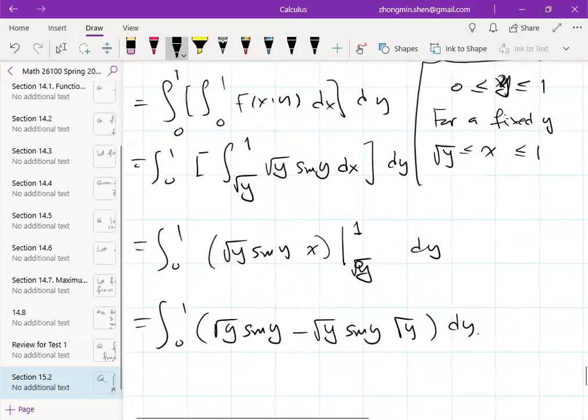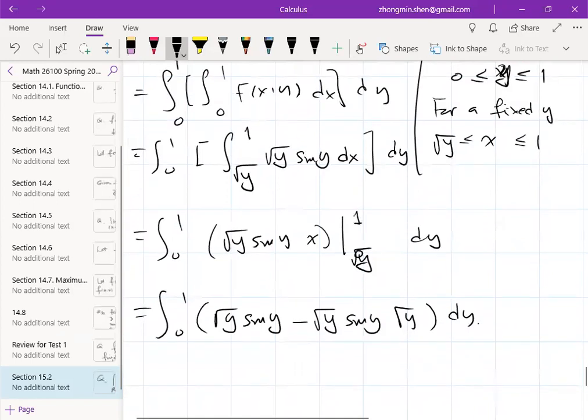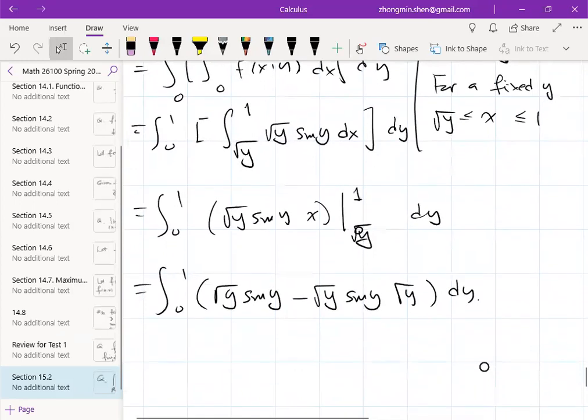I think you get integrals like this, if we want to evaluate. Oh, I don't think I simplified. No, it's not simplified.